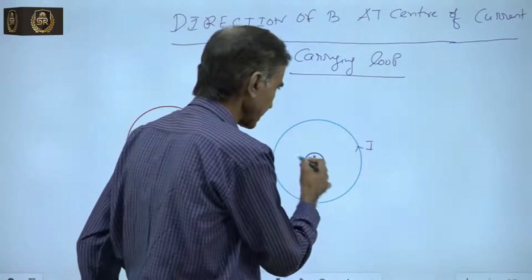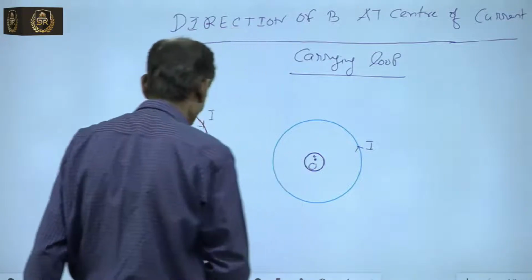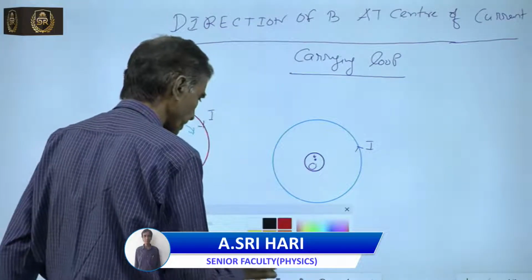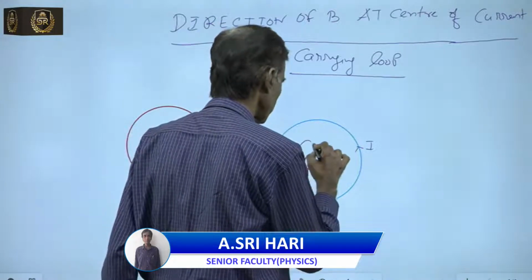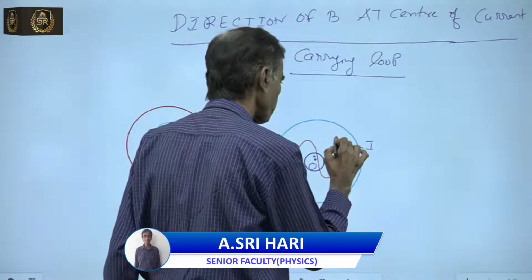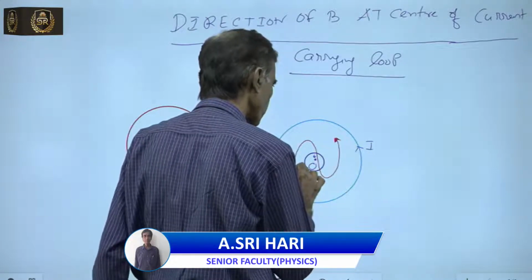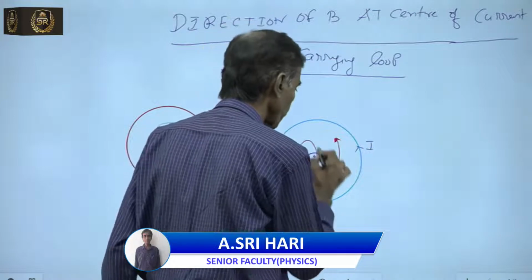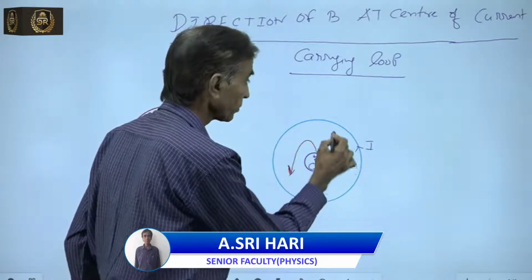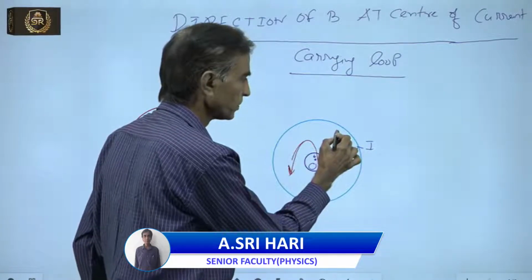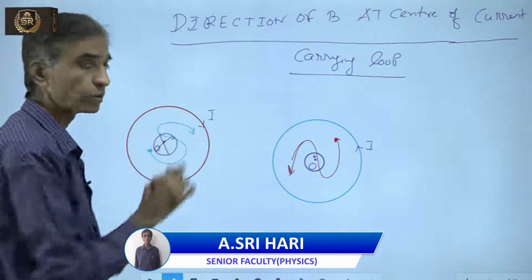Whereas, when you take current anti-clockwise, it will behave like a north pole. The face of the coil will behave like a north pole, like this. Just see this. It is just like a north pole.